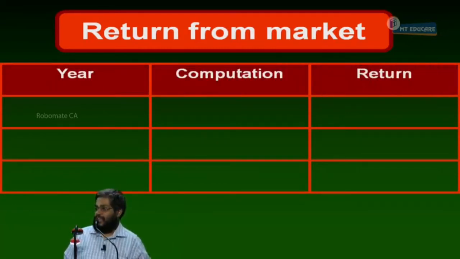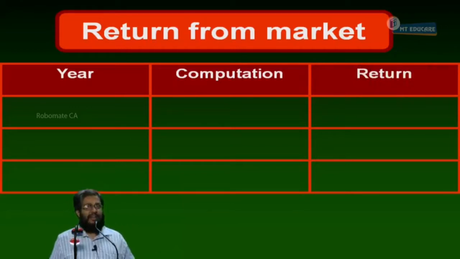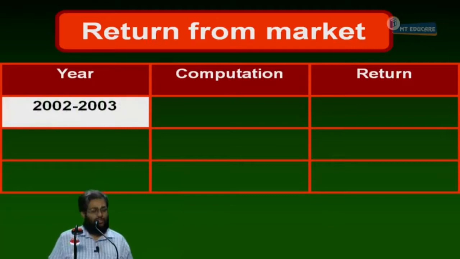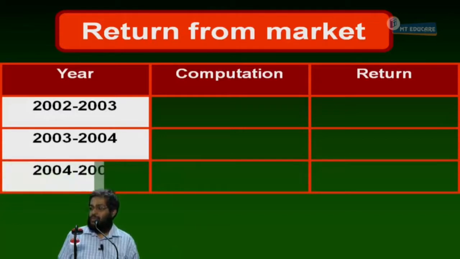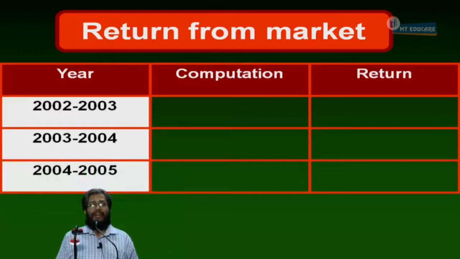Now, computation of return. Can we start? Tell me the first year, 2002-2003. Please write along with me: 2002-2003, 2003-2004, 2004-2005. Dividend is not given in amount, so they give the yield, which I can add to the capital gain percentage.